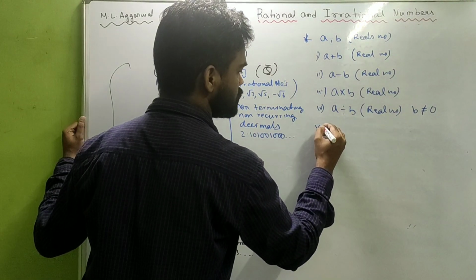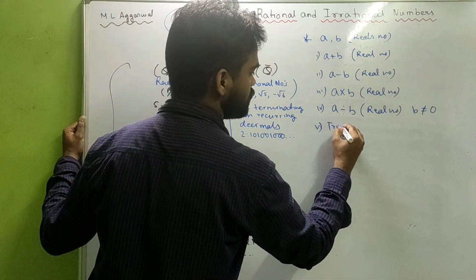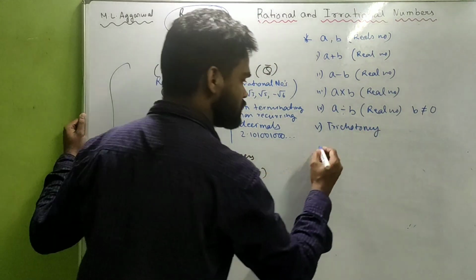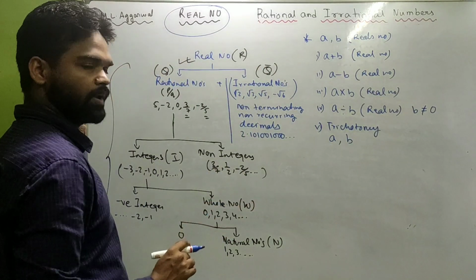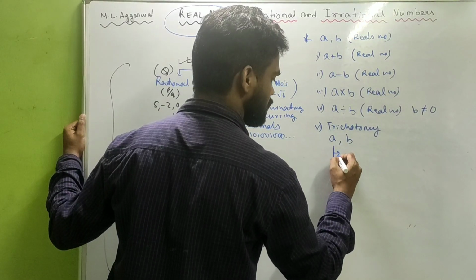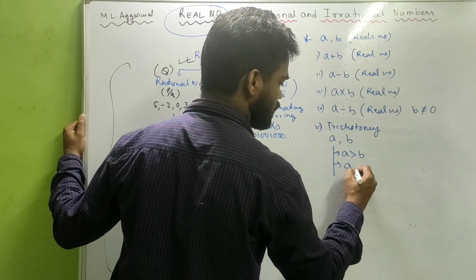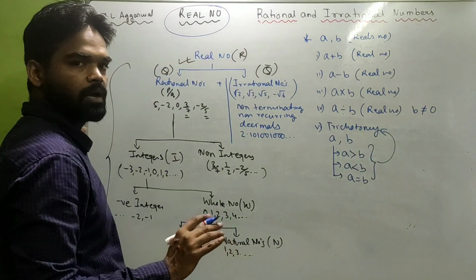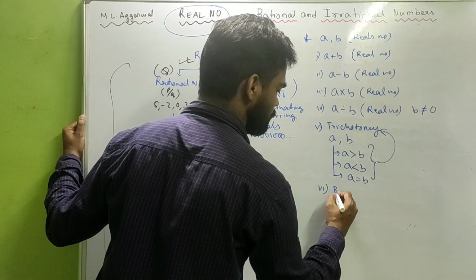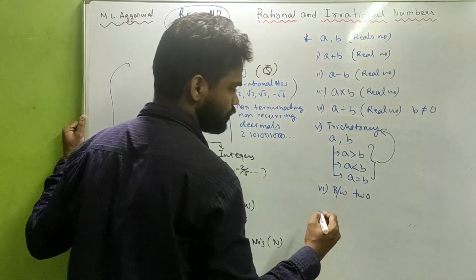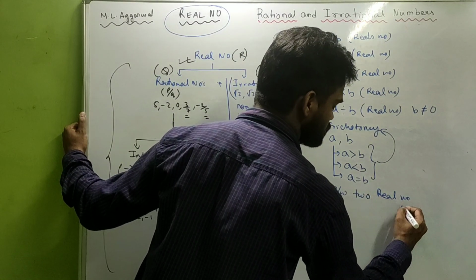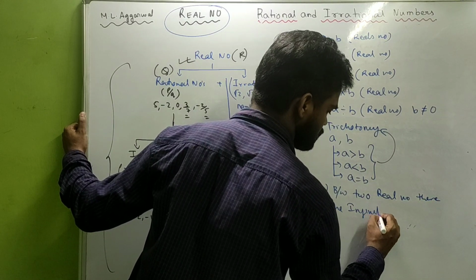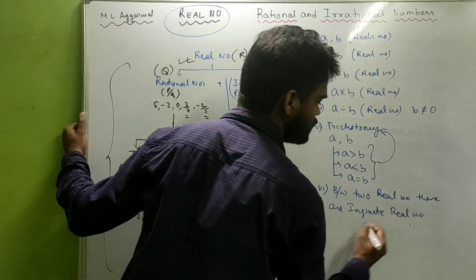Then the law of trichotomy. What is this? They form an order, which means if there are two real numbers, then three cases arise: A greater than B, A less than B, or A equal to B. And between two real numbers there are infinite real numbers.